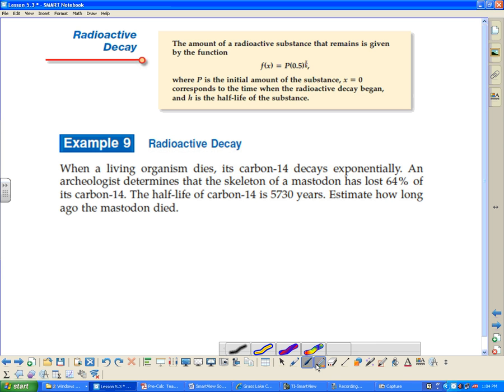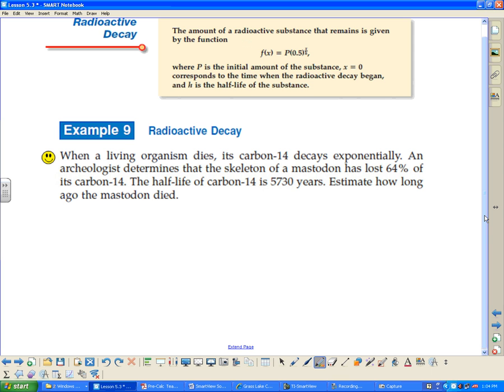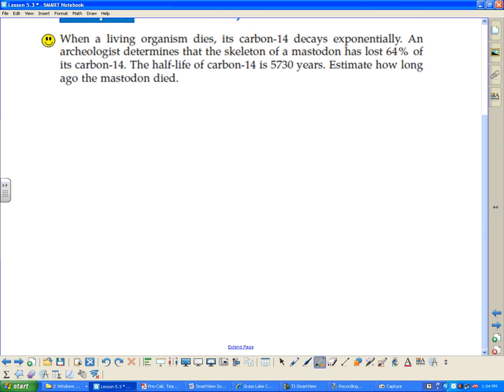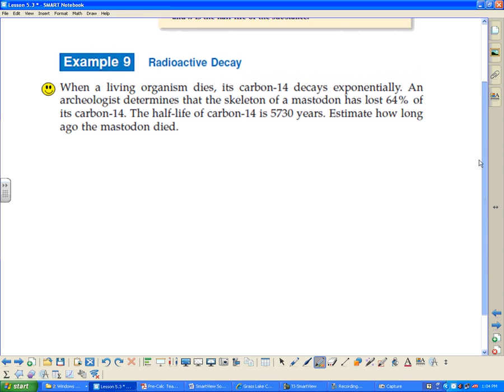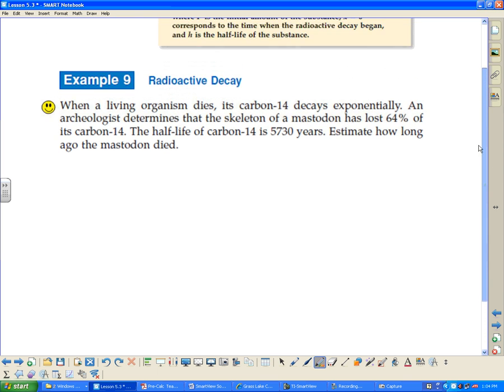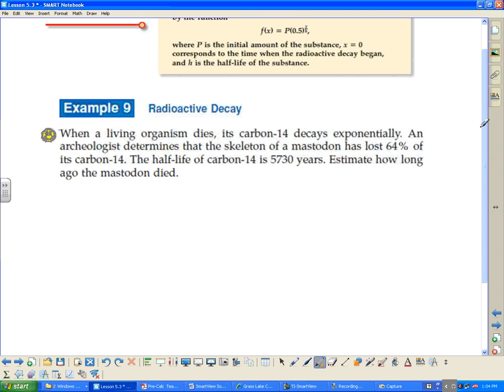So we have this problem here, example 9. It says when a living organism dies, its carbon-14 decays exponentially. An archaeologist determines that the skeleton of a mastodon has lost 64% of its carbon-14. The half-life of carbon-14 is 5,730 years.